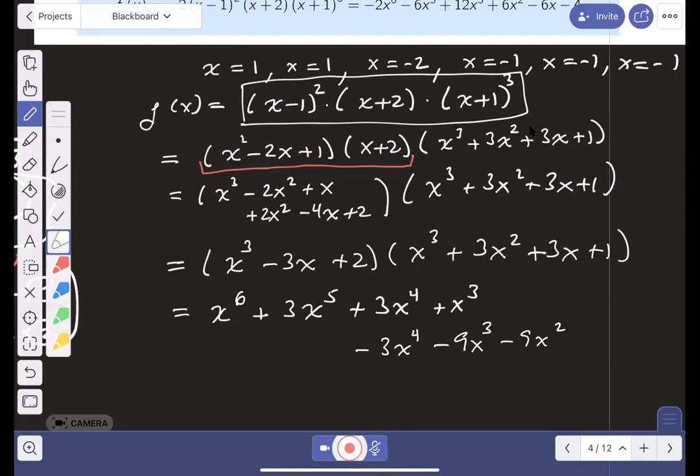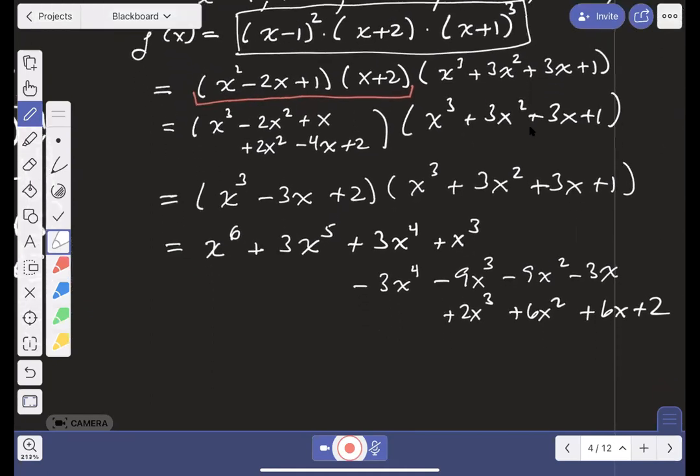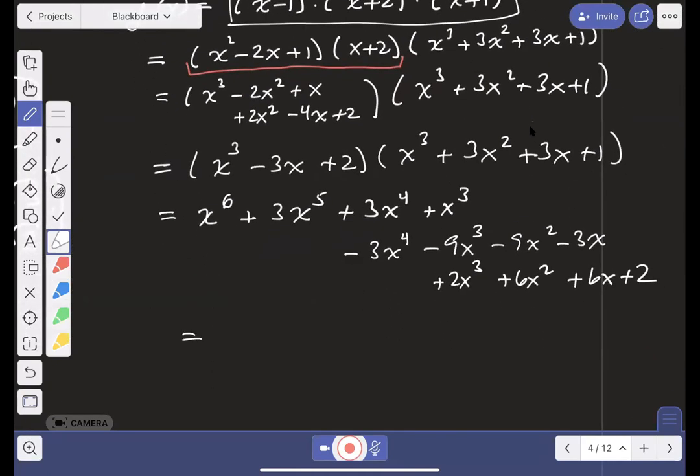Let's see, minus 3x plus 2x cubed, right? Plus 6x squared plus 6x plus 2. Wow, this is a lot of work, isn't it? You're going to be thankful for learning Sage at some point in your careers, though.